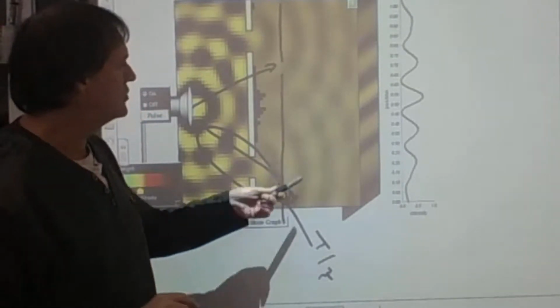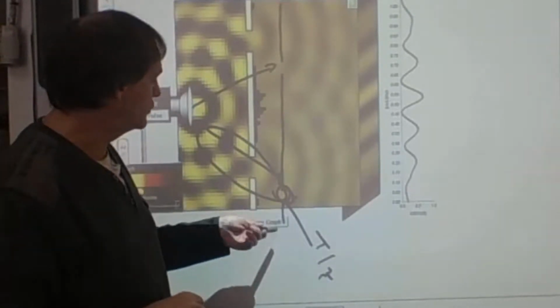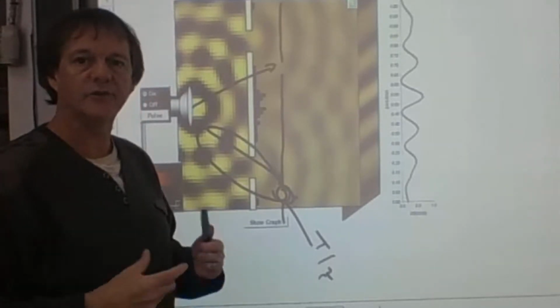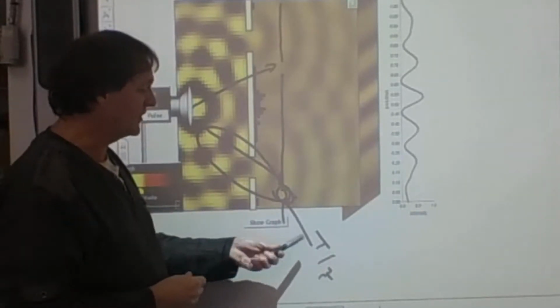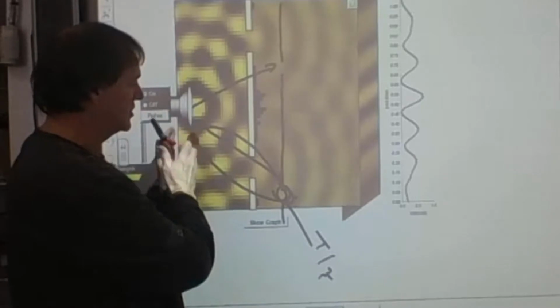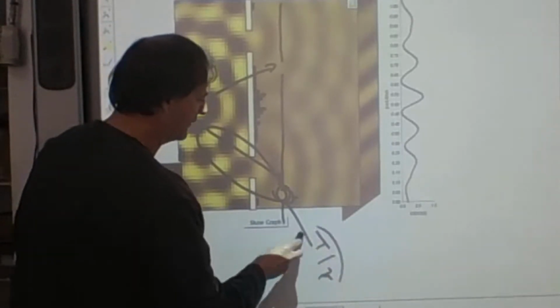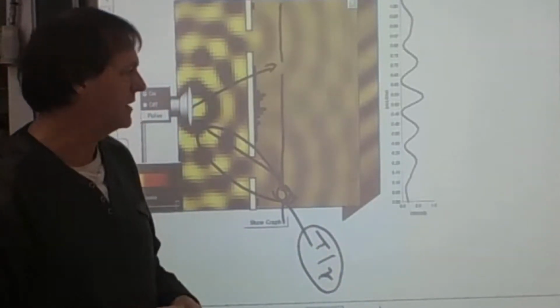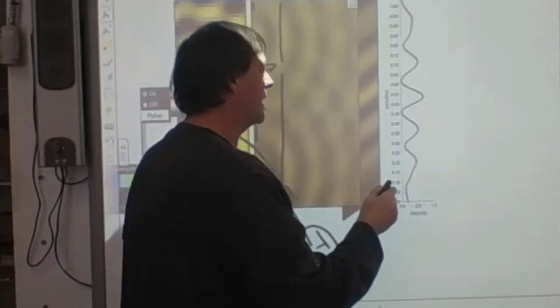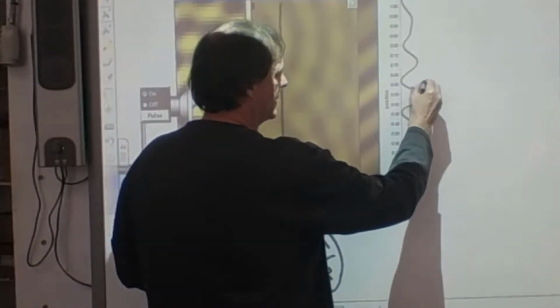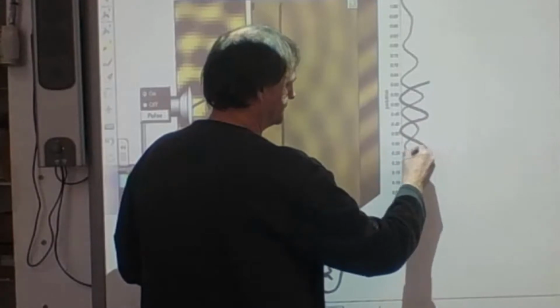Okay? Would you still get an interference pattern? Would these still be coherent? And the answer is yes, because they're still going to maintain the same phase relationship. They've still got the same matching wave, it's just that this one is a half wavelength behind the other. So you'd still get a pattern, but in the opposite phase. You get it going like that.